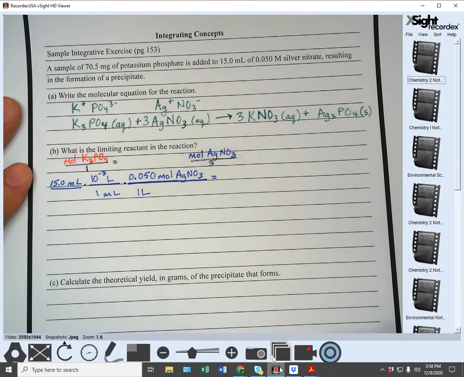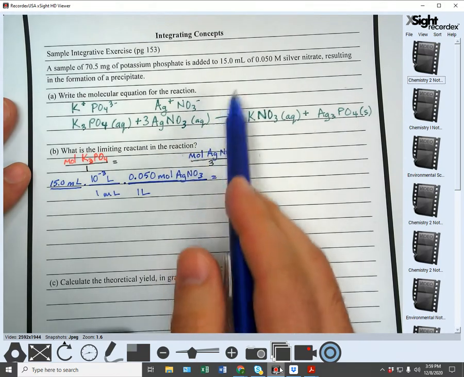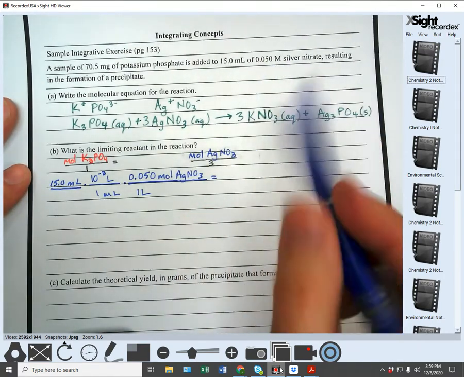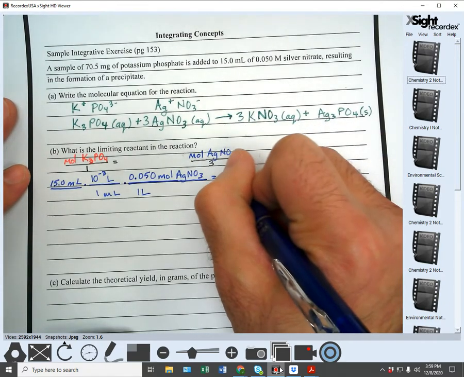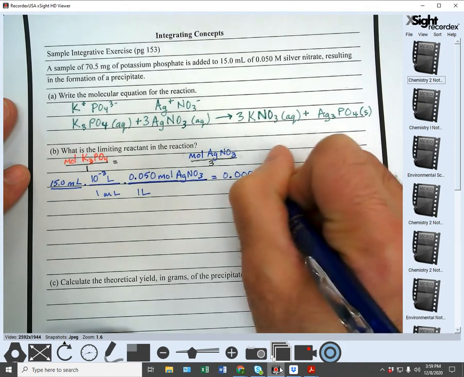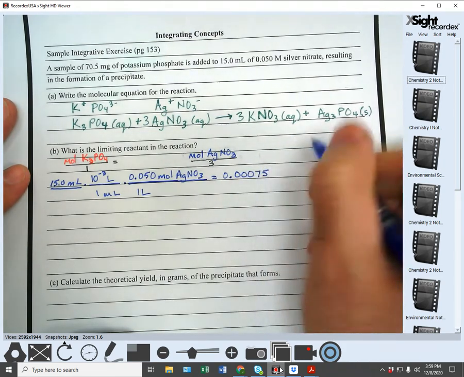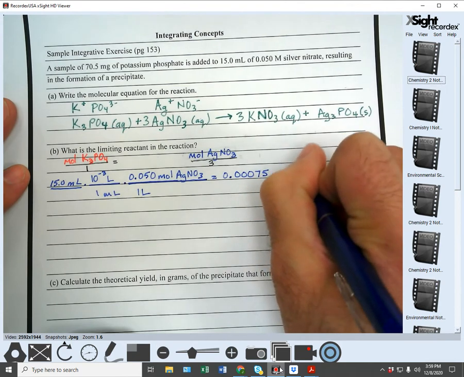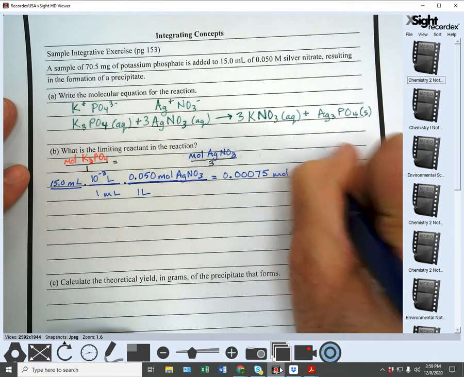Significant figures, we've got 3, and that's technically 2, so it'd be 2, so 0.00075 moles of AgNO3.